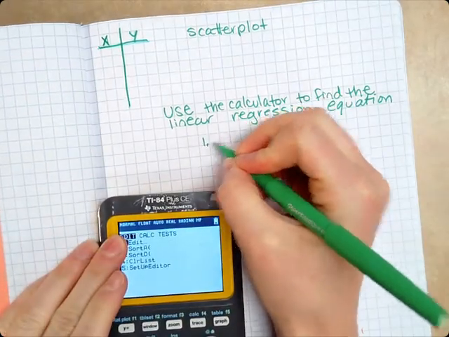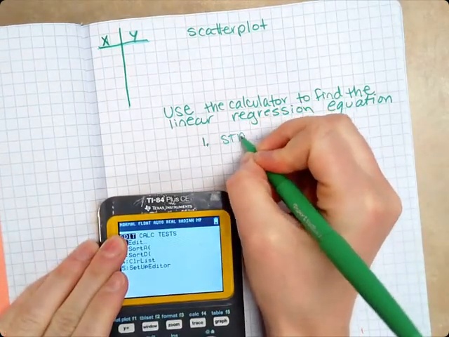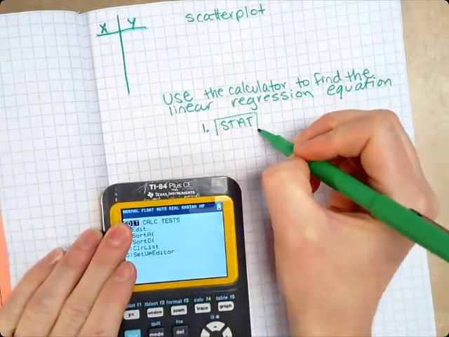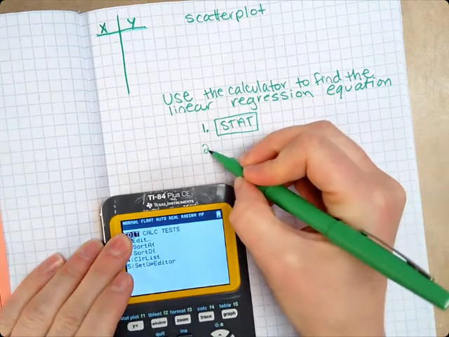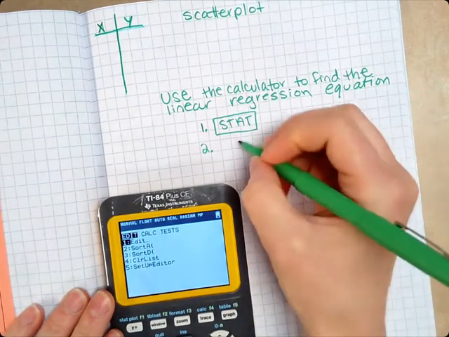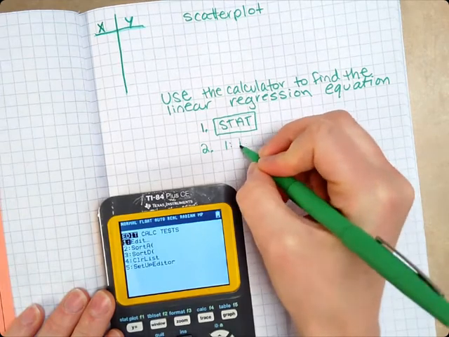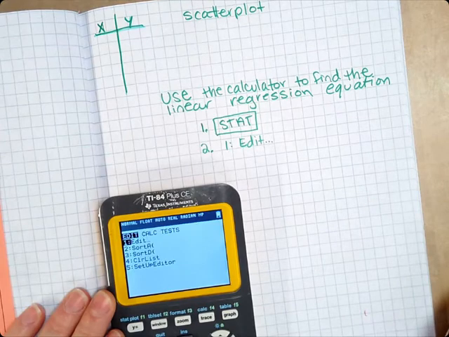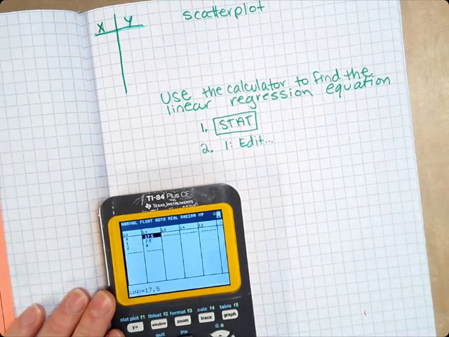Number 1, stat. What's number 2? What do we do next? Yeah, we're going to do this, edit, right? Then what do I need to do?